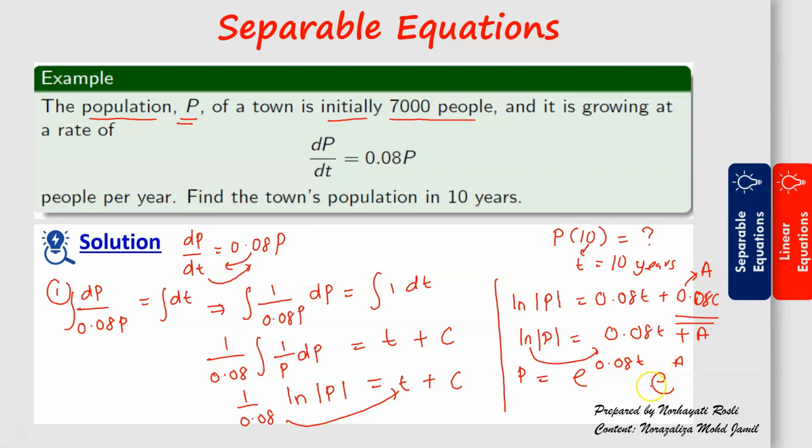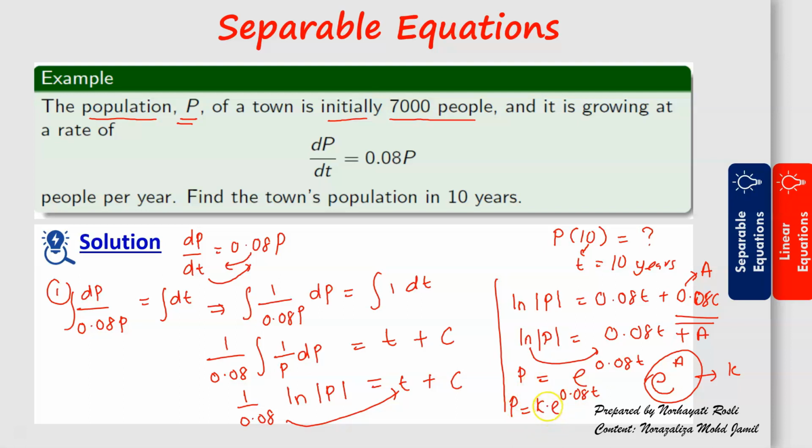And for this part, I can write it as another constant K. So I will have P equal to K exponential of 0.08 t. Now I have this solution as the general solution.